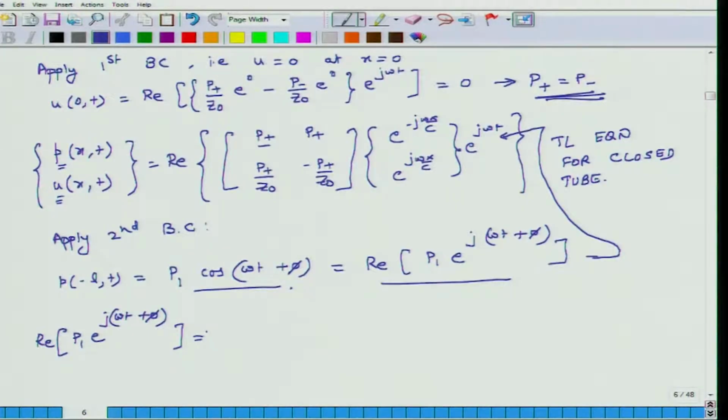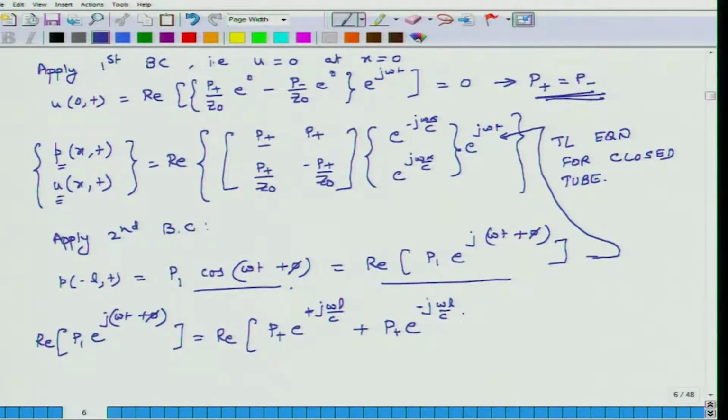So this is the left hand side of this transmission line equation at x is equal to minus L, and this equals real of P plus e to the power of minus j omega L over c, and because x was minus L, this minus and minus becomes plus, P plus e to the power of j omega x, and here x is again minus L, so it becomes minus j omega L over c.